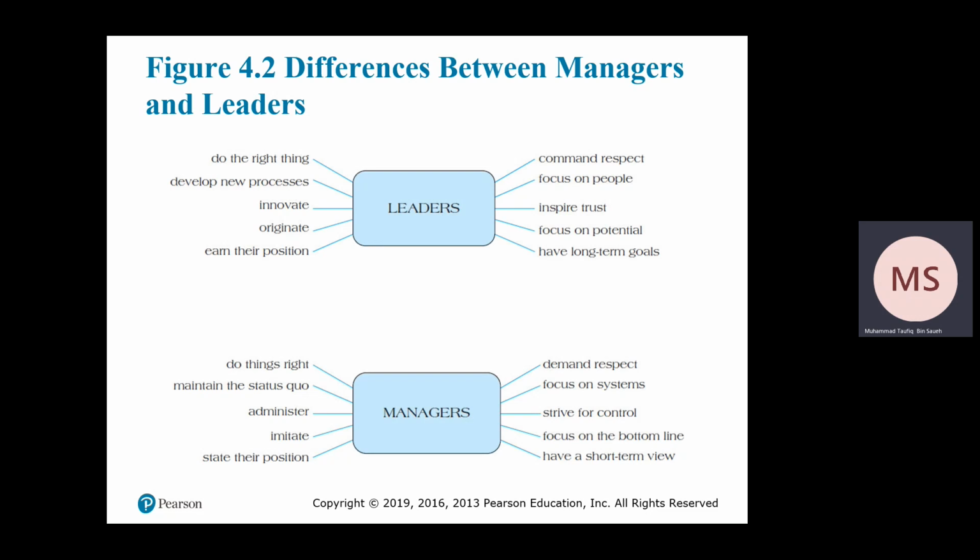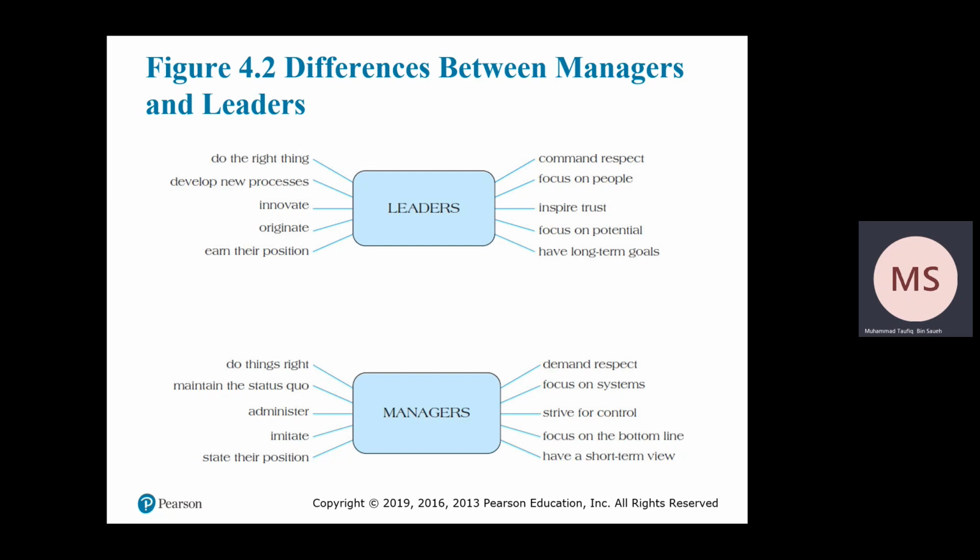This figure shows you more differences between leaders and managers. For example, the first thing is leaders do the right thing while managers do things right. Leaders develop new processes while managers maintain the status quo.